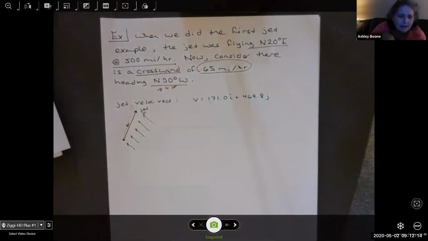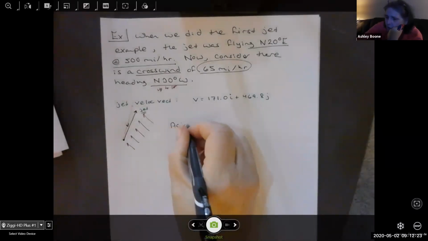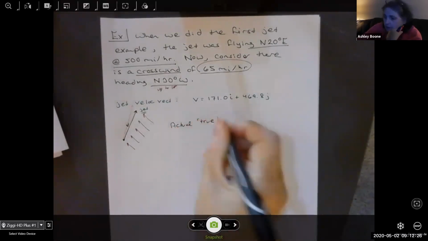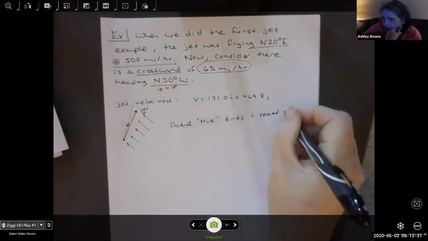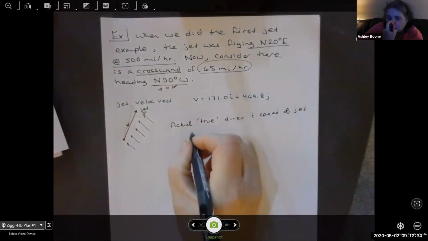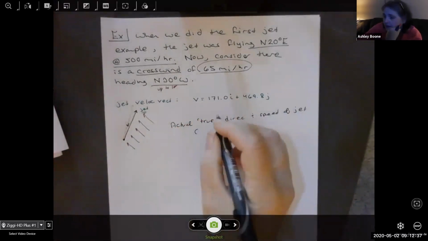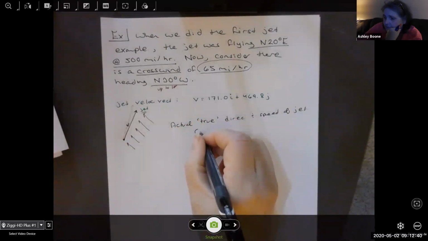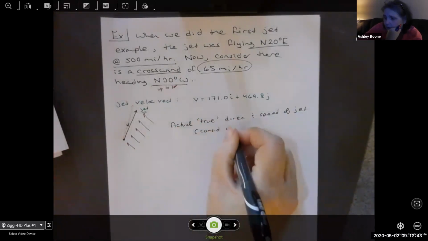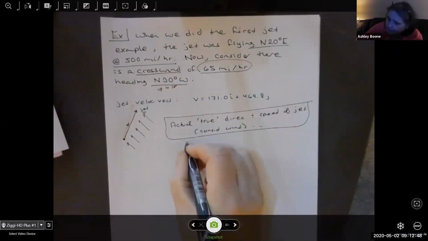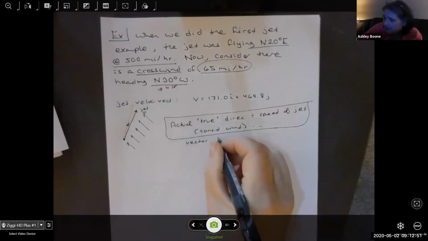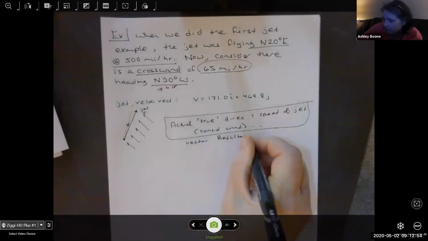So when we look at a problem like this, what we want to do is find the actual, or true, direction and speed of the jet. This takes into consideration what happens because of the wind. We are going to come up with a vector for this called the resultant vector.